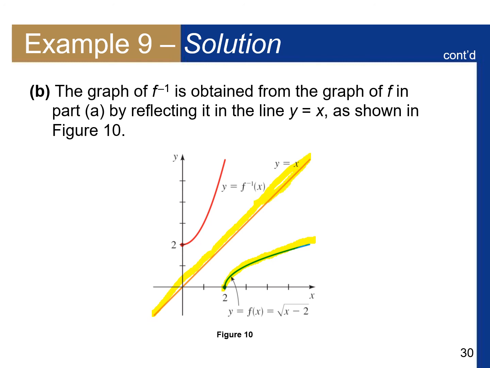And I take every point that I have on this line, and instead of the x value being 2 here, this is 2, 0. So let's just write that down as a point right here. I have 2, 0.